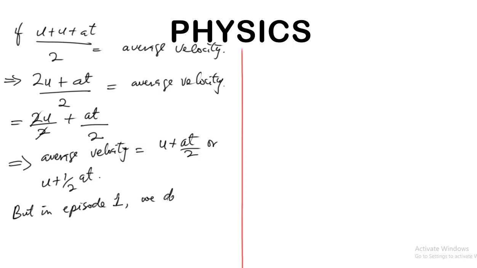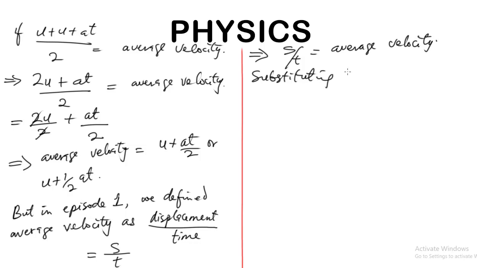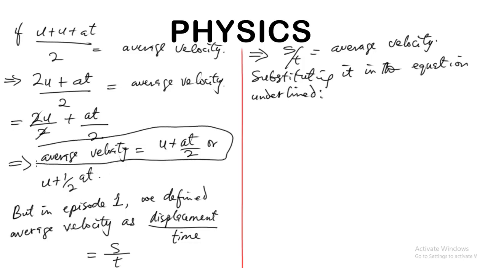But in our first episode of physics, we defined that average velocity is equal to distance or displacement over time. Displacement is in a specific direction. So we have that s over t, which is our average velocity, substituted in the equation u plus half at.